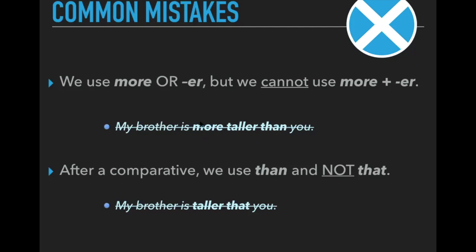So never do this. And the other common mistake is that after a comparative, we use than and not that. Okay, some people use that because in Spanish, we relate this word to que, es más alto que, he's taller than you, but no, when we're comparing, we always use than, okay? So this will be incorrect too.